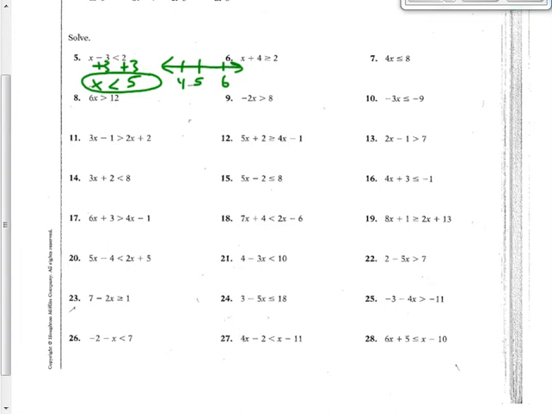Okay, so that's as easy as putting the next number that's next to it. But then I need to decide if this is an open or closed circle. Am I including 5 or am I not? If I'm not including 5, that's going to be a less than or greater than situation. So if I have less than or greater than, I have an open circle.